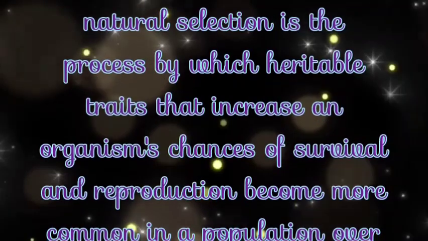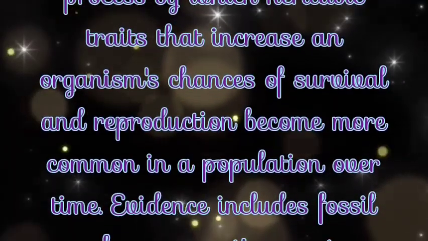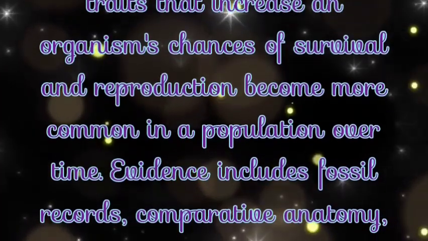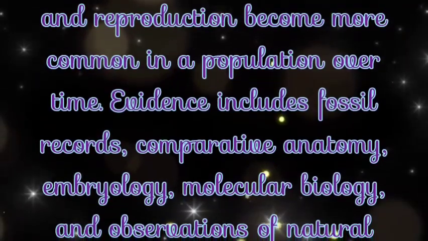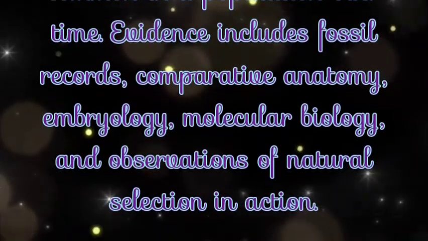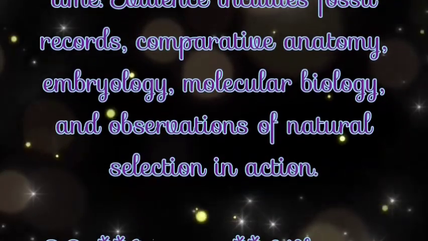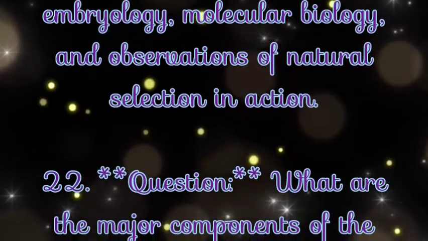Evolution by natural selection is a process by which heritable traits that increase an organism's chances of survival and reproduction become more common in a population over time. Evidence includes fossil records, comparative anatomy, embryology, molecular biology, and observations of natural selection in action.